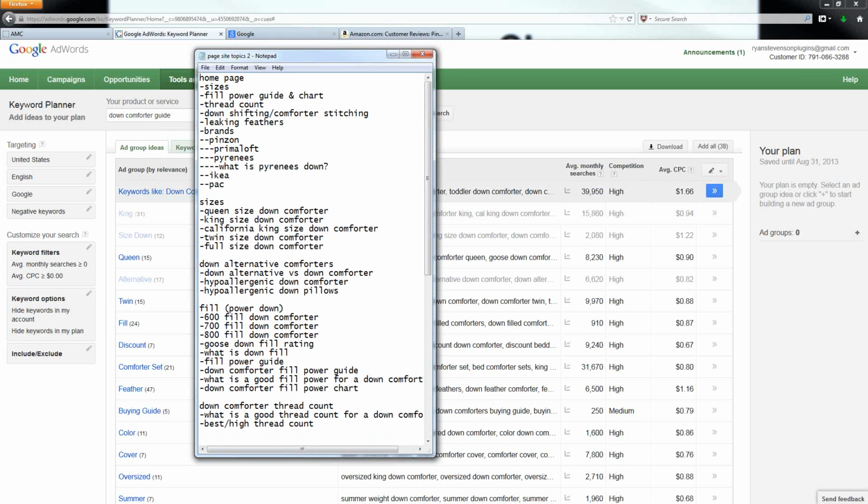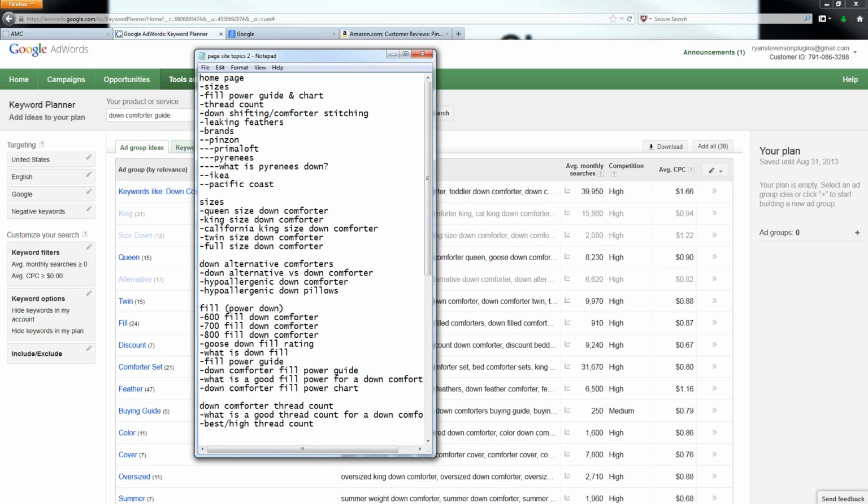IKEA and Pacific Coast are two other brands that I was able to find within the Google keyword ideas. And these brands seem to have some interest specifically for their down comforter lineup of products.